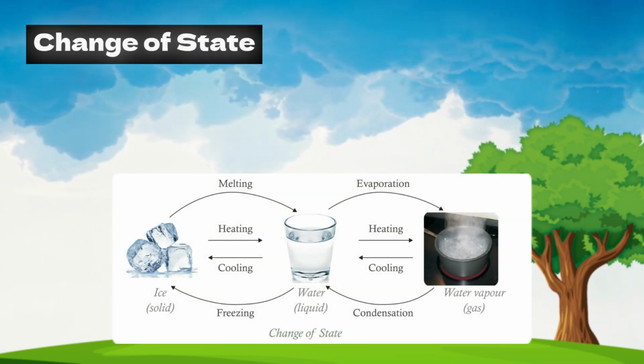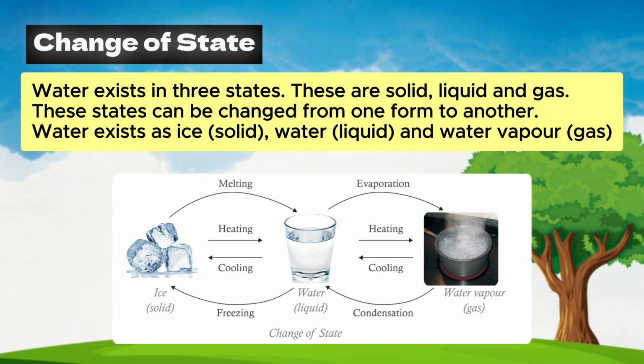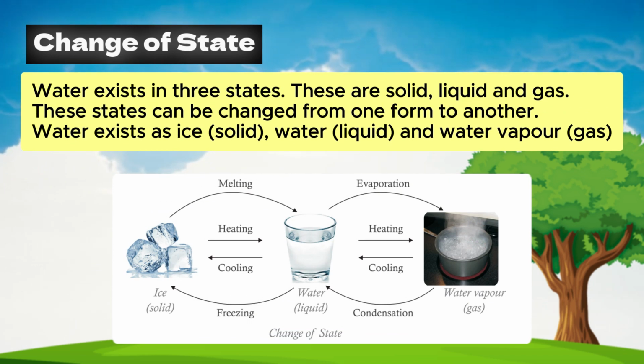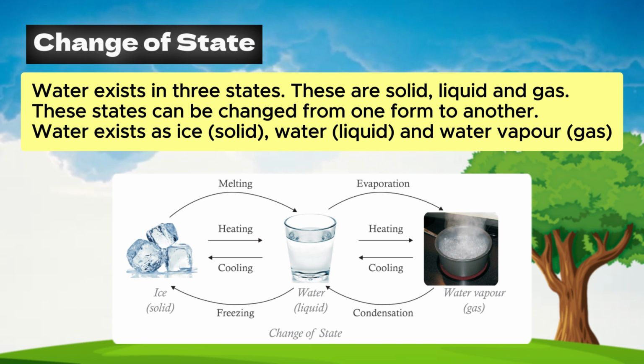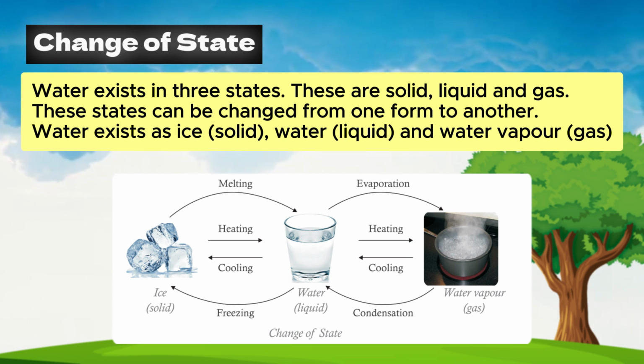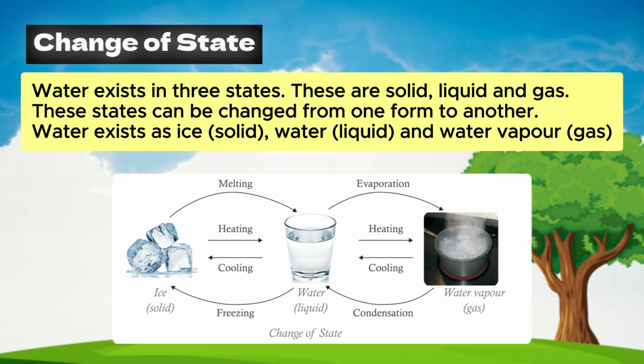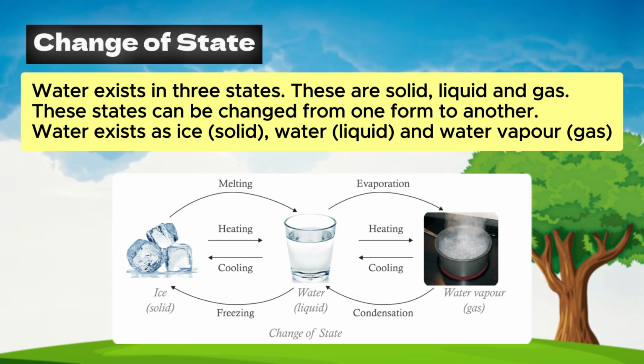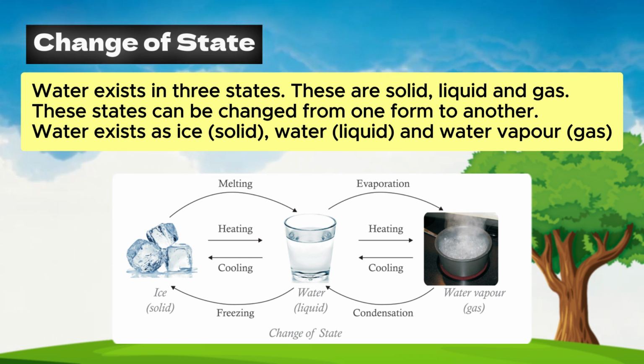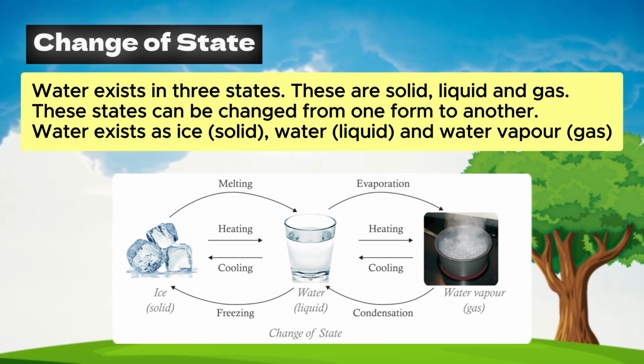Change of state. Water exists in three states. These are solid, liquid and gas. These states can be changed from one form to another. Water exists as ice, solid, water, liquid, and water vapor, gas.